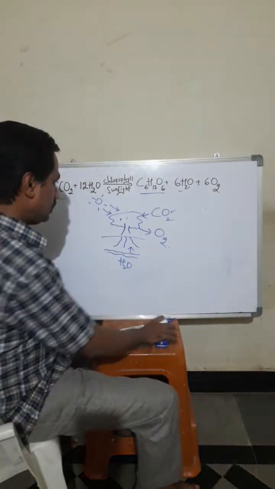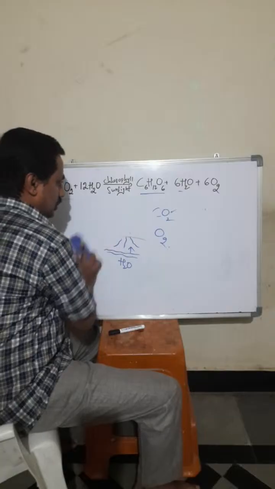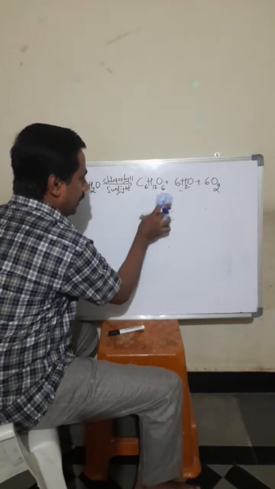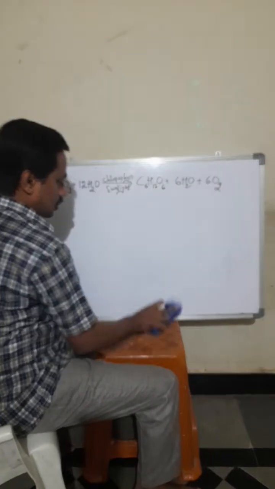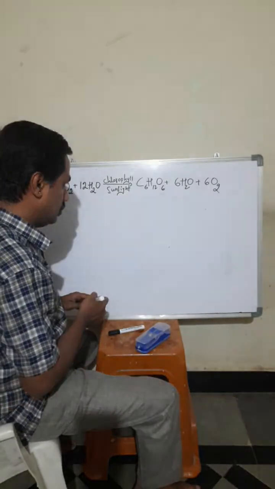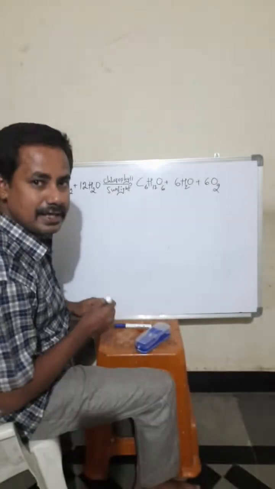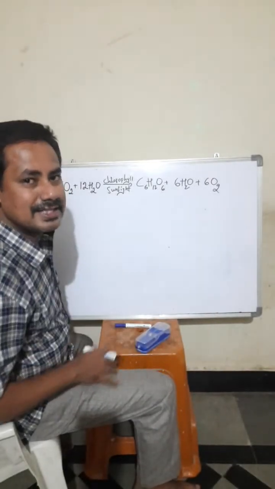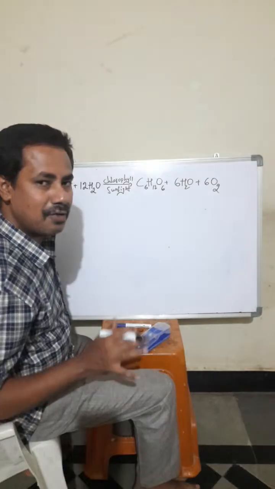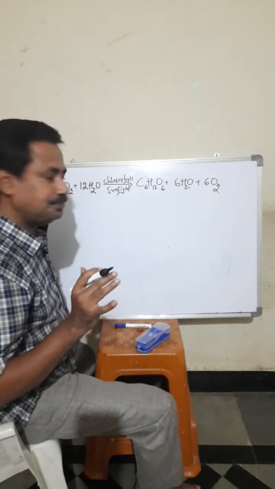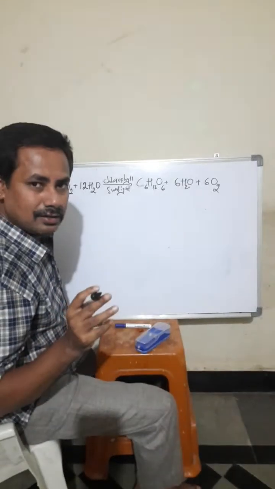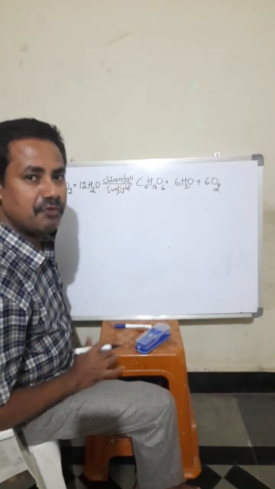Now a very important topic for class 10th. This question has been asked so many times, again and again, even in examinations. Important question: write 3 events occurring during photosynthesis.